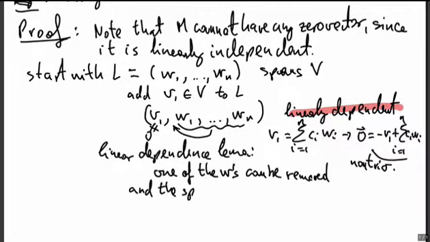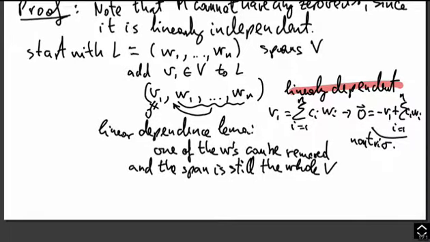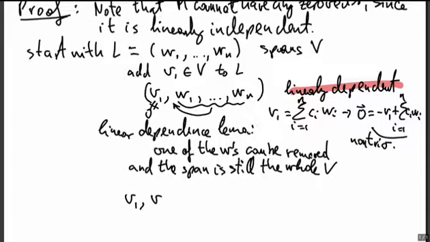That's also part of the linear dependence lemma, that the span doesn't change, and the span is still the whole V. After that we add v2 to it, so we will have v1, v2. We don't know which w's we have, so let's renumber the remaining w's with w prime, but now we don't have n, we have n minus 1.